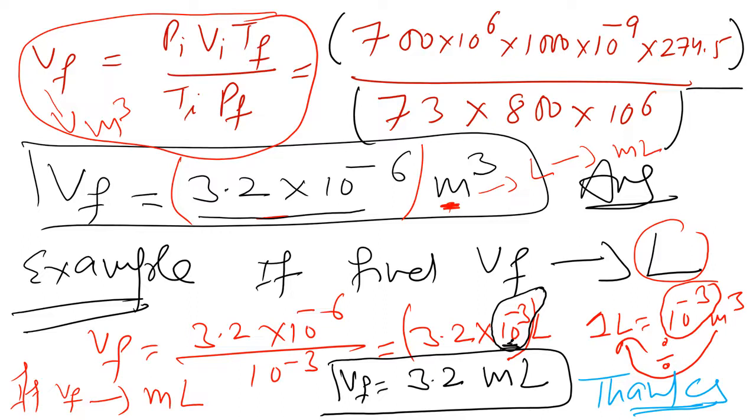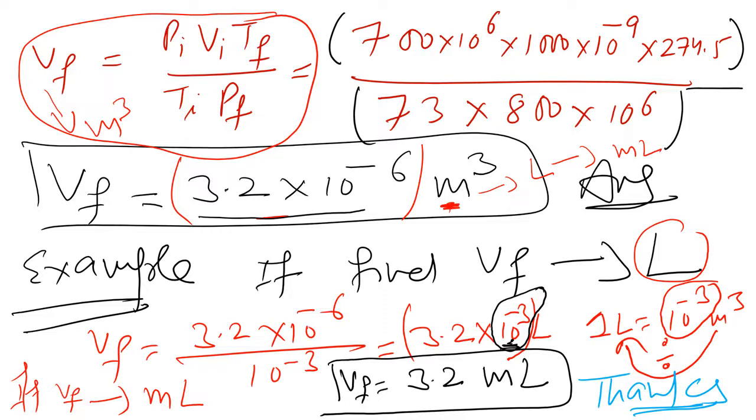The relation for the liter and the meter cube is that 1 liter is equal to 10 to the power minus 3 meter cube. So now you are changing this meter cube to liter, so you have to divide by this number.